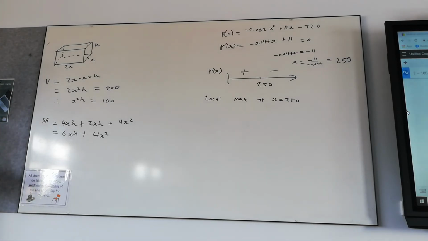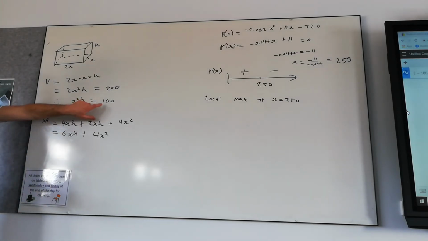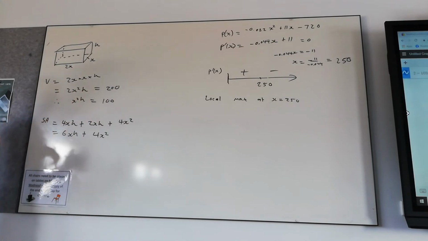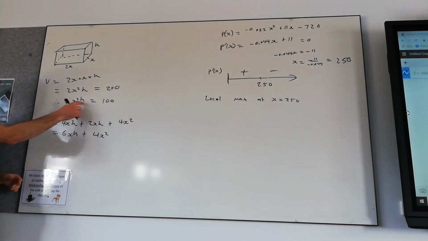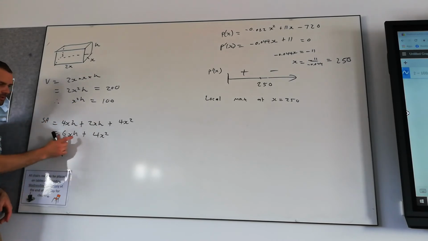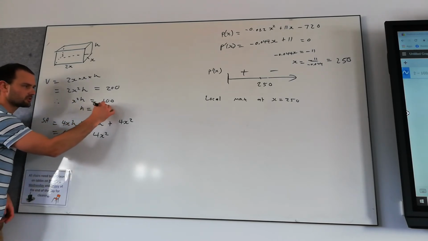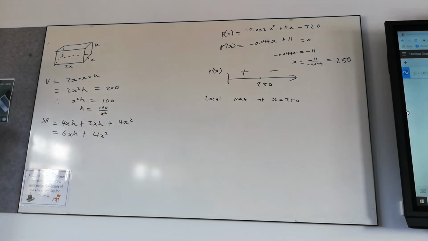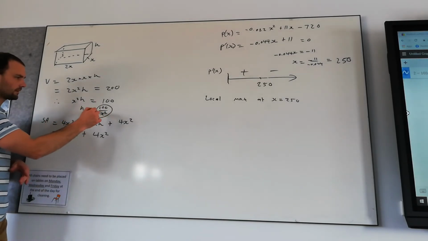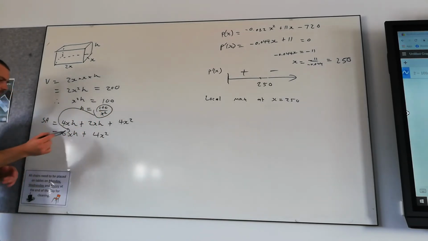Now let's come over here, we're looking to get it all in terms of x. So that means we're going to want to substitute h. This equation here we can actually write like this, h equals 100 on x squared. Then we have an equation for h only in terms of x, and that's what we're going to substitute in here.